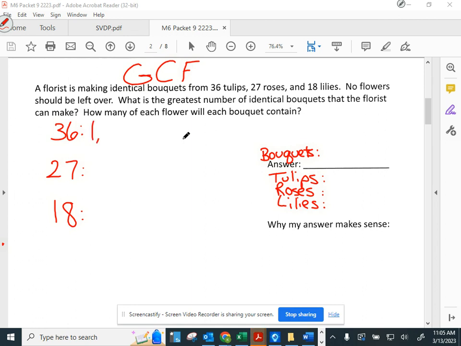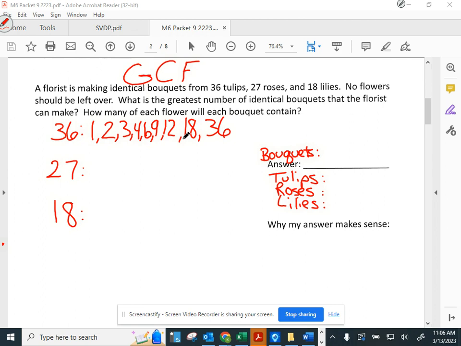So we know it's going to be 1 and 36, 2 and 18, 3 and 12, 9 and 4, and 6. Those are all factors of 36. So I have the factor with its factor buddy all listed out.